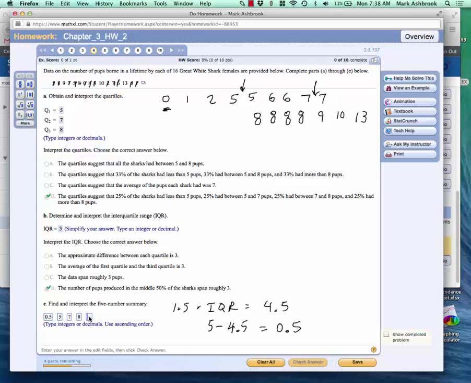And then for the max, we're going to go 8 plus 4.5, which will be 12.5. Am I doing it right? So we take quartile 3, and we're going to add 4.5, and that's 12.5. And again, 13 falls outside of this. So we're not going to use the max, we're going to use 12.5.